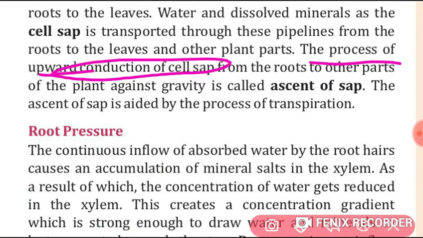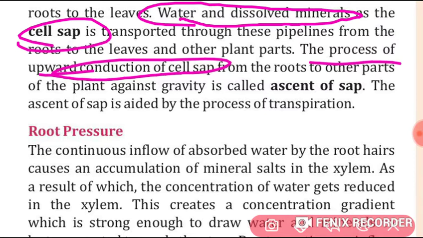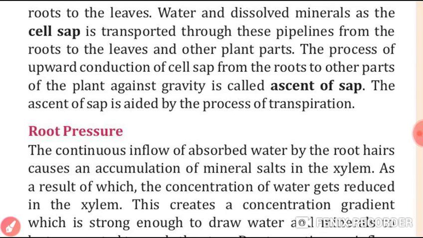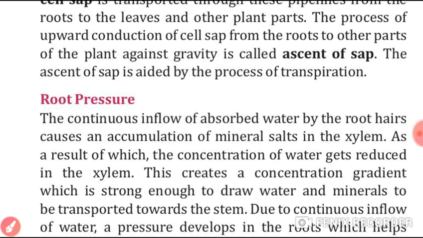What is a cell sap? I have told you that water and dissolved minerals, these we may say as cell sap. So the process of upward conduction of cell sap from roots to other parts against what? Gravity is called ascent of sap. This ascent of sap is aided by the process of transpiration.